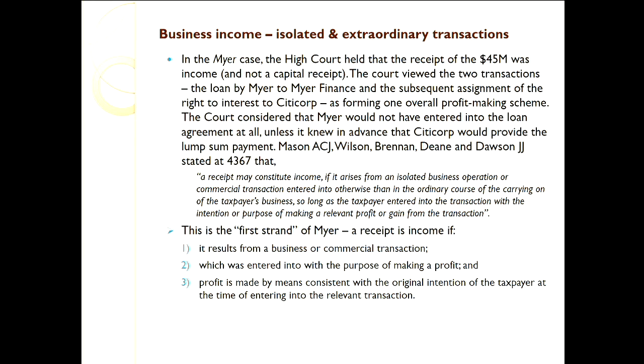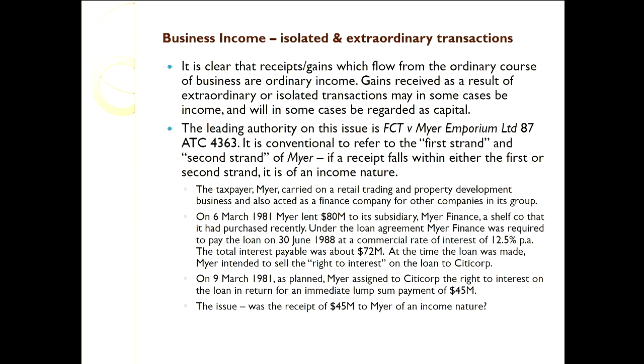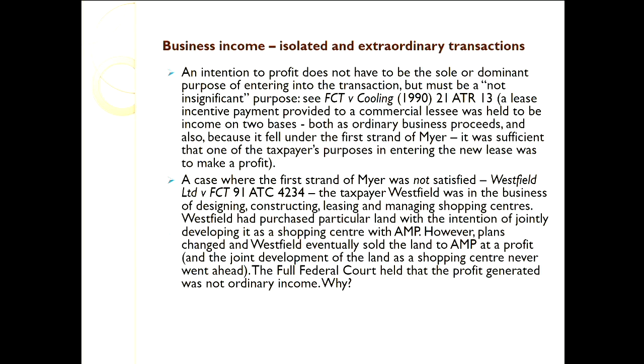That is no, because as I said, it was supposed to be profits from operating a joint venture, not the capital gain on the land to AMP. That was just something that happened. That was not intended. It's when things didn't go according to plan. So that is a good case to contrast. Now, Westfield is discussed at page 268 to 269 of your book.